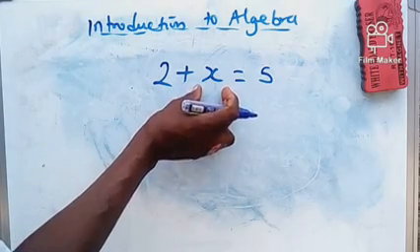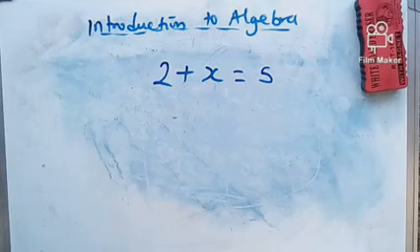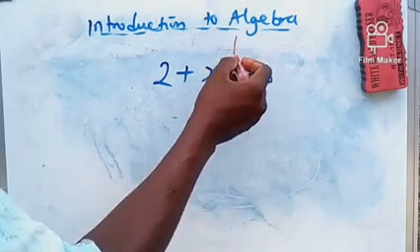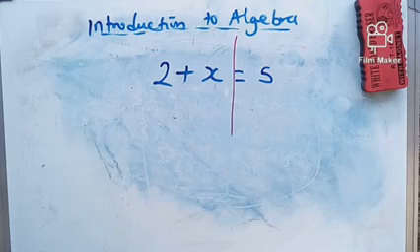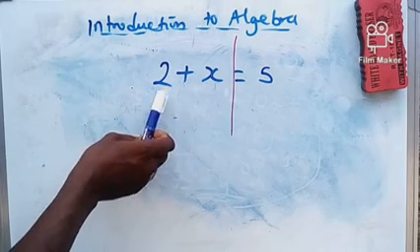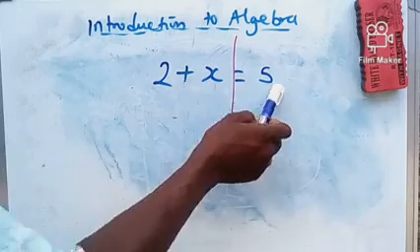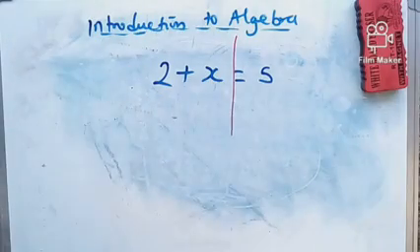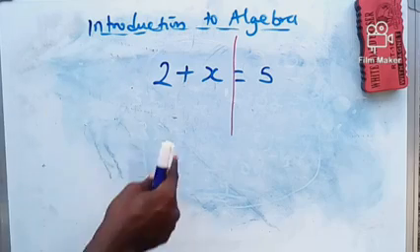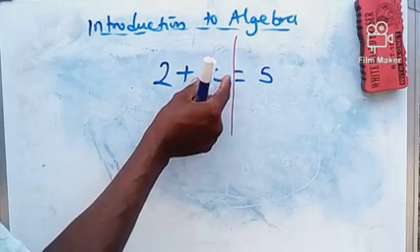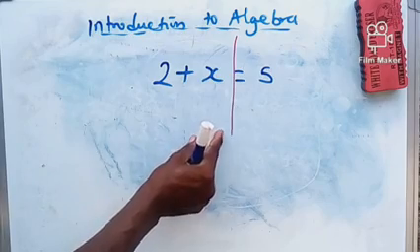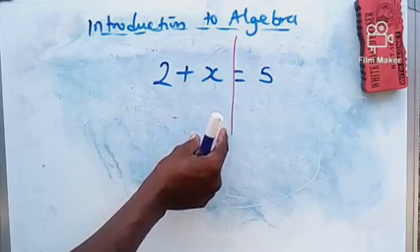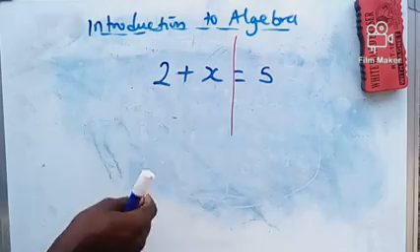And to make x stand alone, always remember that this equality sign is serving as a bridge, demarcating two sections, which are section 2 plus x and section 5. But the question is find x. As a matter of fact, make only x stand on this section. And the only way to make x stand on this section is to eliminate this 2 that is here.